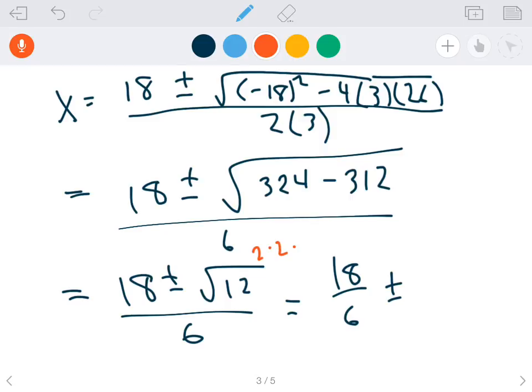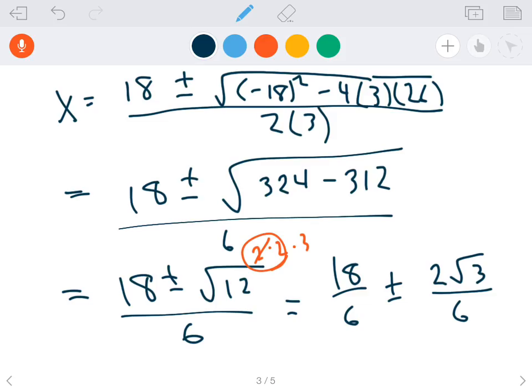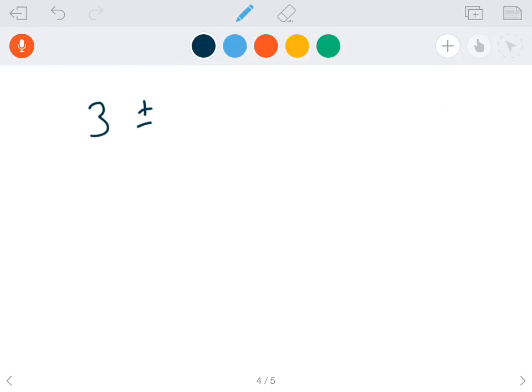That's 2 times 2 times 3, so I can pull a 2 out. So that's 2 square roots of 3 over 6. If I simplify that, 18 over 6 is 3 plus or minus, I can simplify that to be 1/3. So plus or minus the square root of 3 over 3.